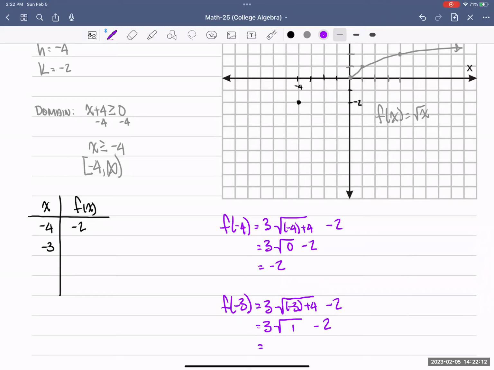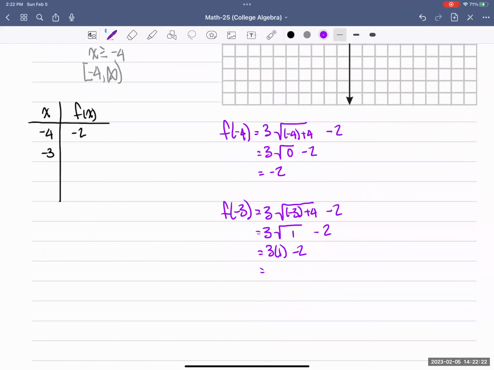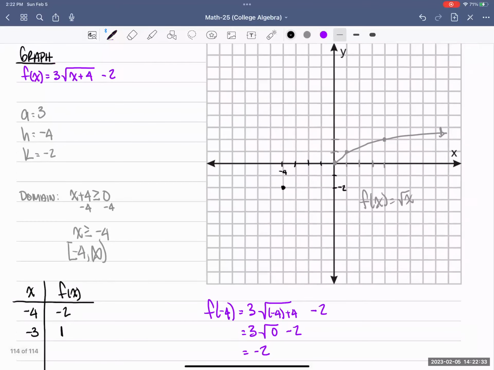The square root of 1 is just going to be 1. So we have 3 times 1 minus 2. That's 3 minus 2, which is just 1. So over here, when we input -3, we get 1. So we input -3 and we get +1.